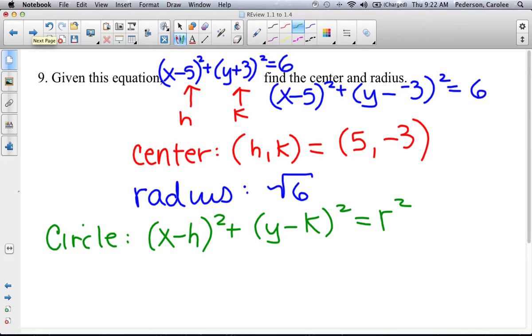So to find the radius, you have to undo that right side with the square root. Would that one be on the test? Could be. How to graph it? You would start with your center, right 5, down 3, and then you'd go square root of 6 in all 4 directions and then draw your circle. Anything else?